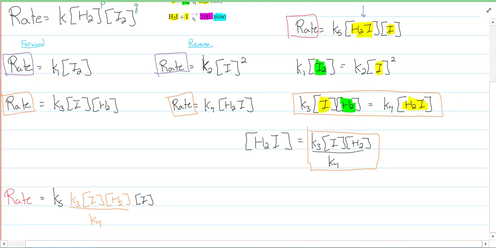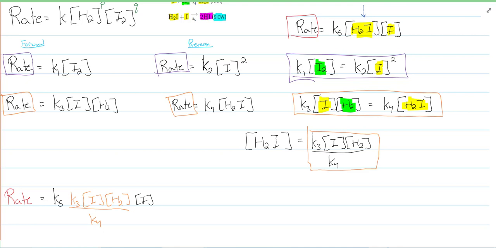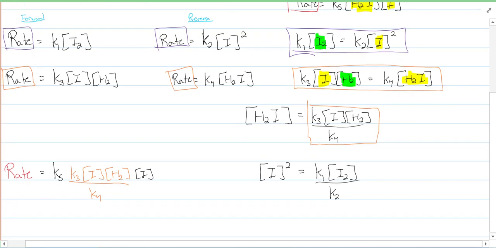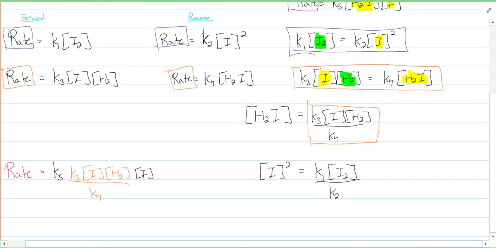Now this is where it's going to be tricky, because if we look up here in the purple box, I have I squared and I2. I need to get I2. So if I solve for I squared down here, concentration of I squared equals K1 times I2 all over K2. Well, if we look at this over here with the red rate, I in orange times I in black is going to be what?